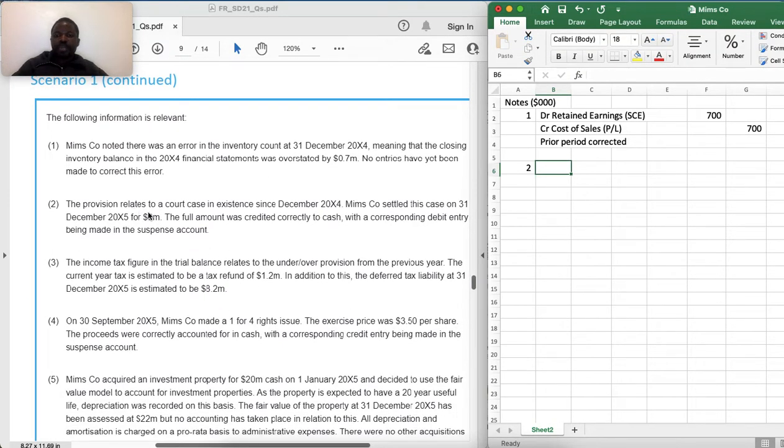Then we are told here the provision relates to a court case in existence since December 20x4. Mims Co settled this case on 31 December 20x5 for 6 million. The full amount was credited correctly to cash, with a corresponding debit entry being made to the suspense account.